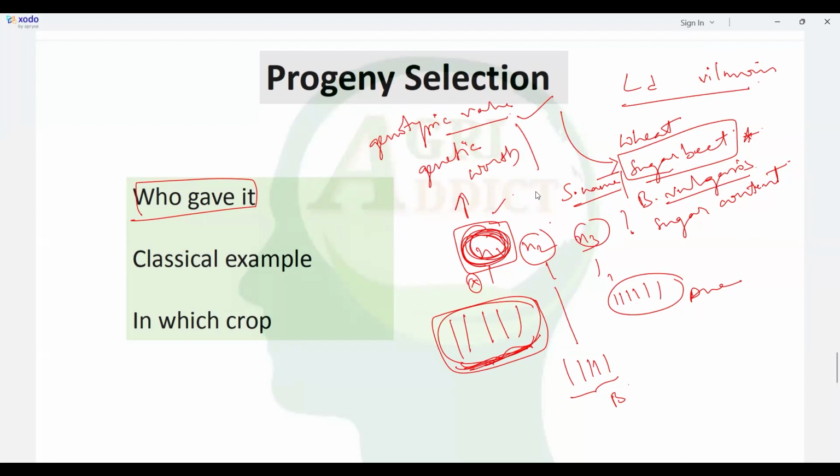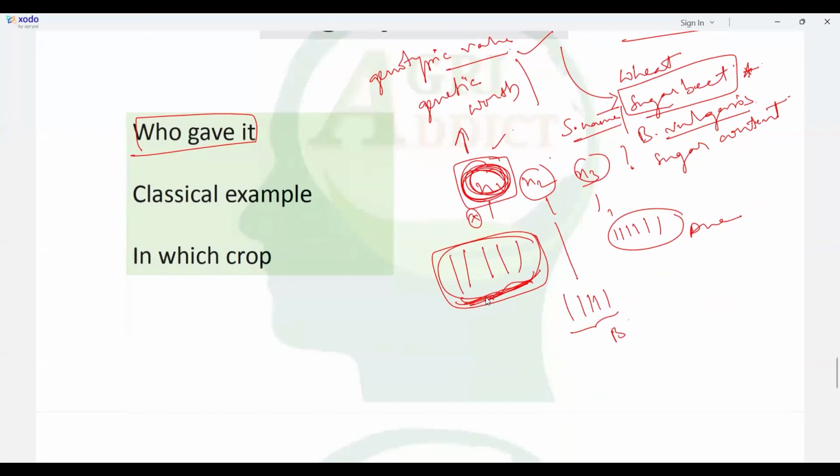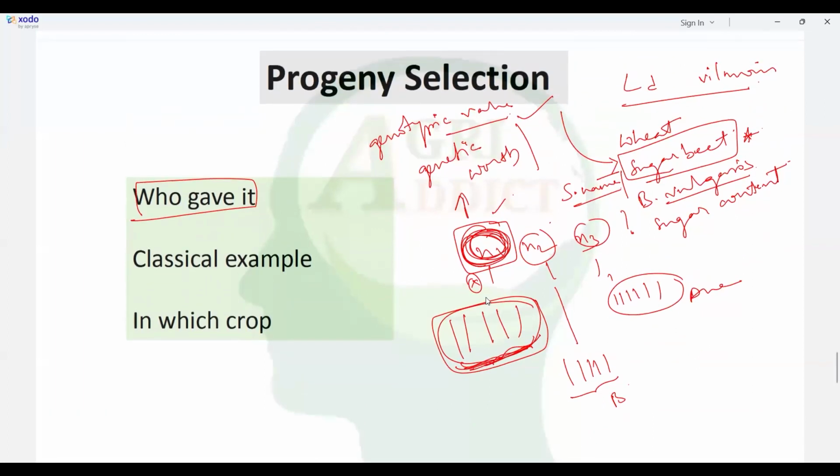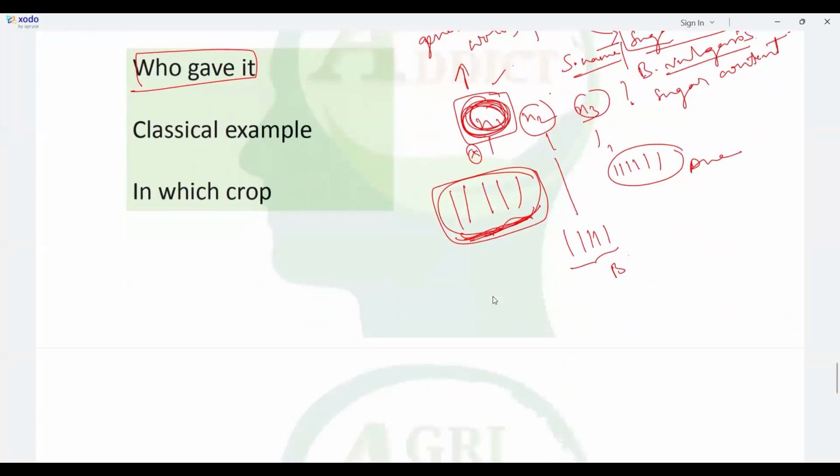Right? So I hope all the three methods that we discussed, the pure line selection, followed by mass selection, and then the progeny selection are clear. Yes, sir. So if I ask anything like differentiate between mass selection and then progeny selection, that too based on what is the basis of selection. Okay. So let us consider mass and then progeny. What is the basis of selection?